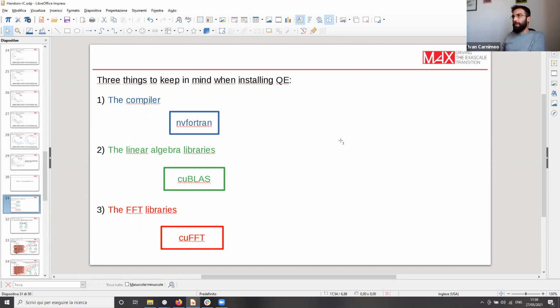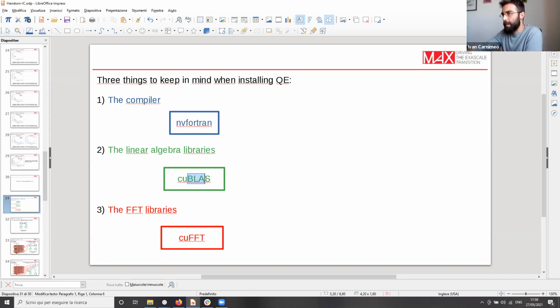The GPU part, again, the 3 things to keep in mind: compiler, linear algebra, and fast Fourier transform libraries. As Pietro was saying, for compiling Quantum Espresso for GPU, we only have the NV Fortran option, because at the moment this is the only compiler which supports CUDA Fortran, which is the language in which the GPU version of Quantum Espresso has been written. NV Fortran has its own libraries for linear algebra, which are called cuBLAS.